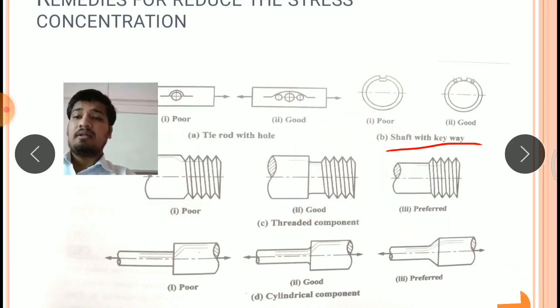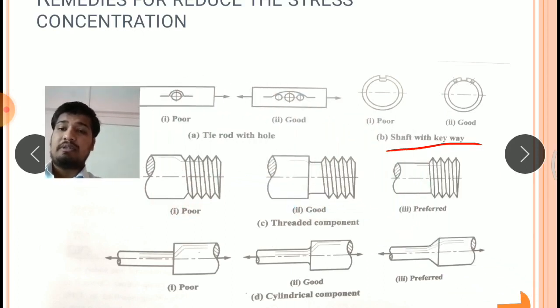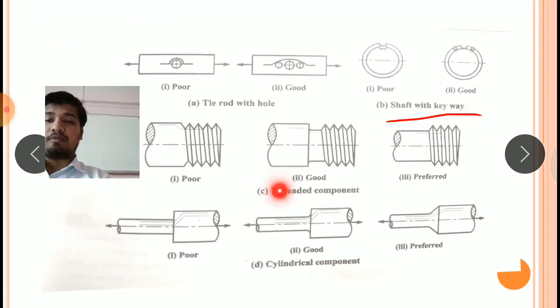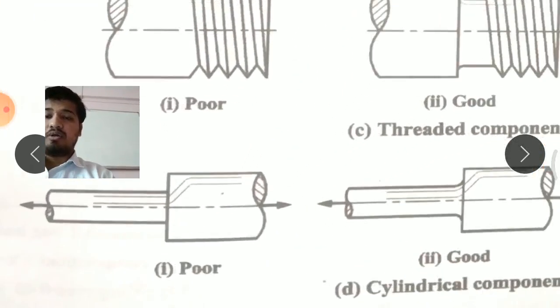Then the last example which we have is the cylindrical component, and we have already seen the figure in the first example. In this case, the lines of stress concentration which you can see here are not continuous.